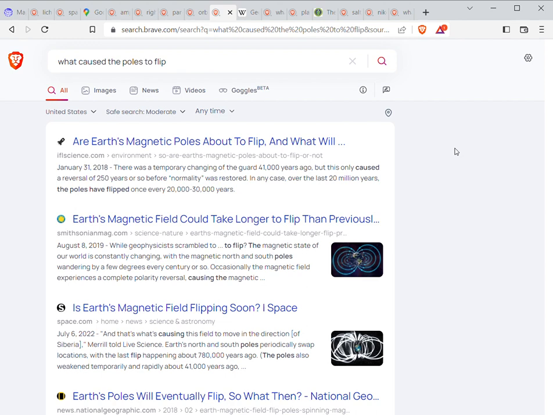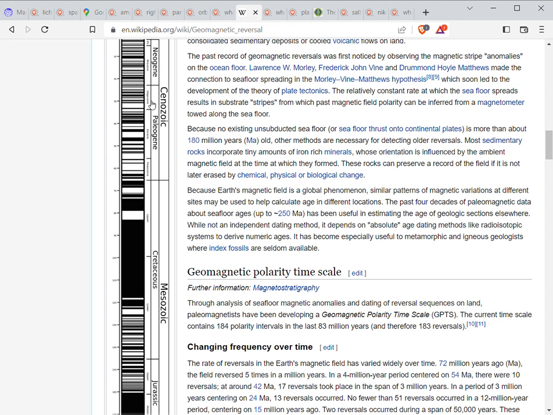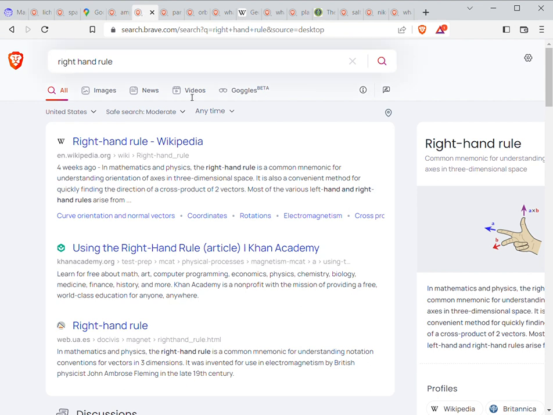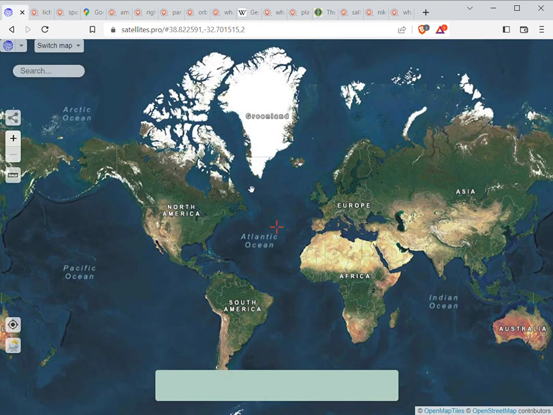But they're all applying the uniformitarian mentality to this. When they see this, they're looking at hundreds of thousands of years. This is billions of years to them. But if you come back over here on the map, and then you come over to your right hand rule, you come over to this map.